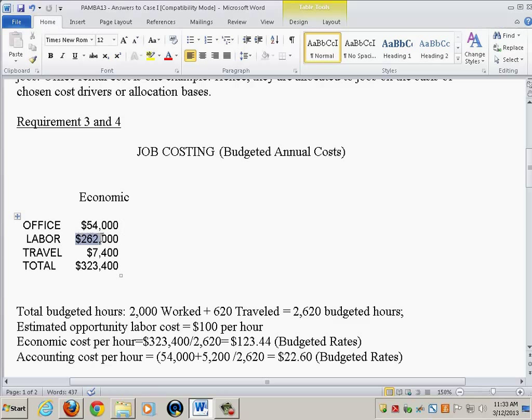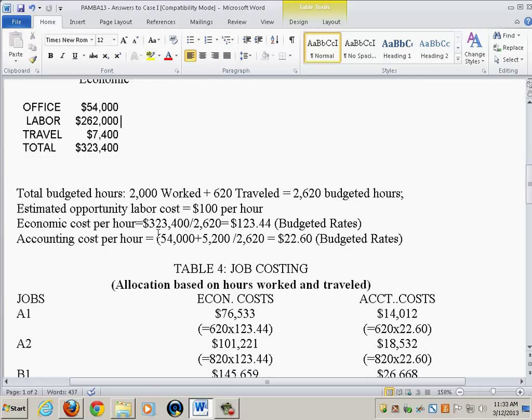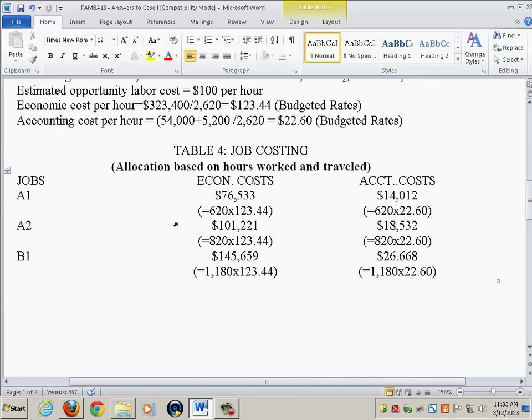But what did you do? Did you have 262,000? Yes, we have. And then we just... But how did you allocate? Okay. Yes, we account that labor cost as the opportunity costs. But on the basis of what, if you didn't do cost drivers, on the basis of what did you allocate it to the jobs?